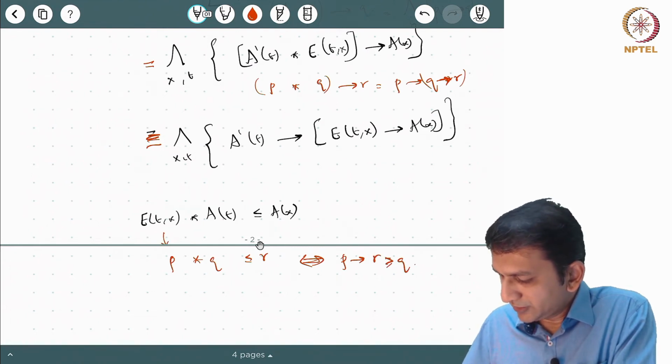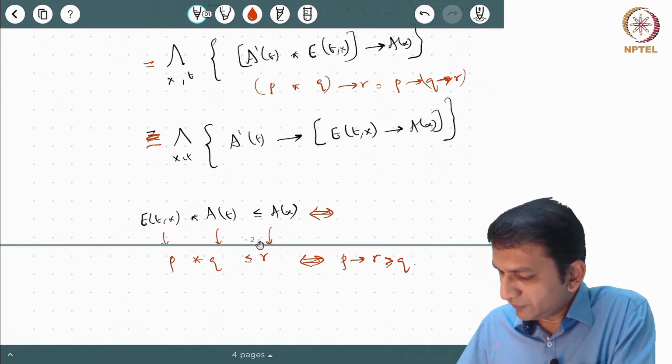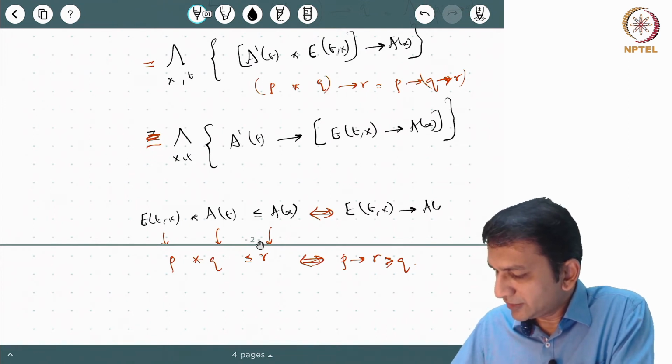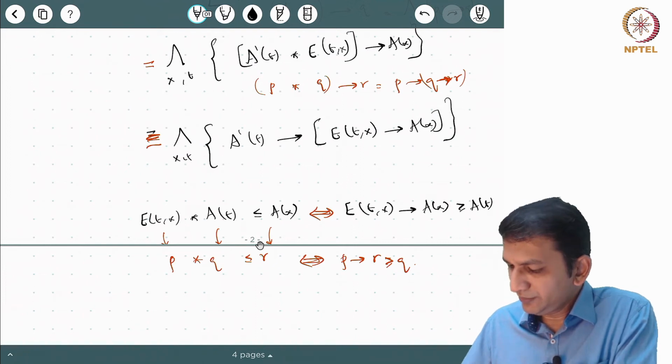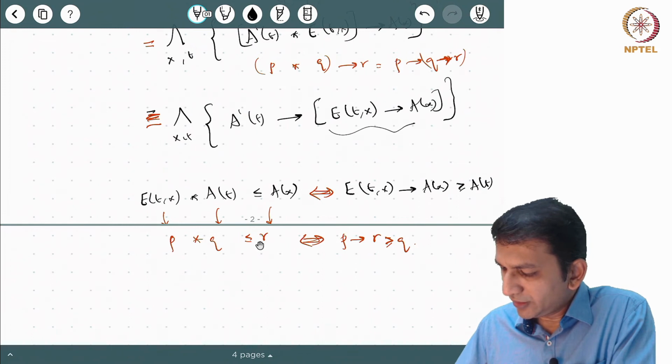So now this is p, this is q, this is r. So we see that this holds if and only if e of t, x implies a of x is greater than or equal to a of t. So this quantity is greater than or equal to a of t.